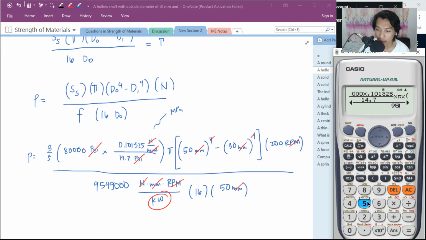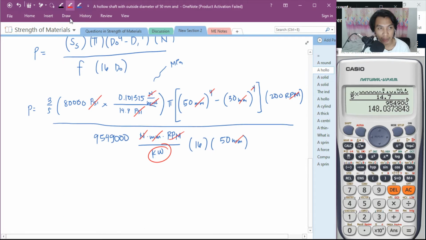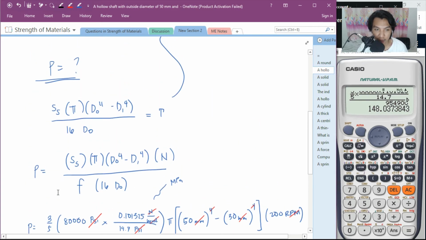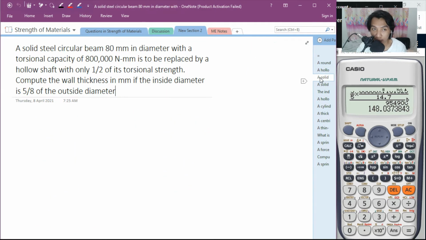Divide by 9,549,123 times 16 times 50. The answer will be 148 kilowatts. Okay. The power is 148.04 kilowatts. Ba, ang dali lang mag-solve kapag sinisimplify mo muna yung problem. Okay, that is for problem number 3. Very basic. Okay, sinosolve ko yan impromptu ha.